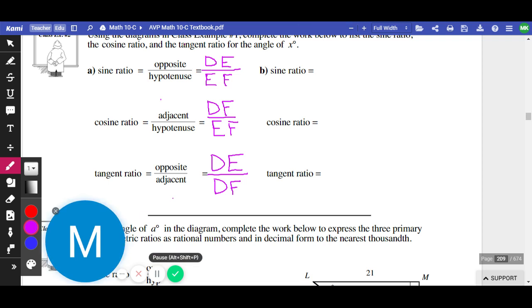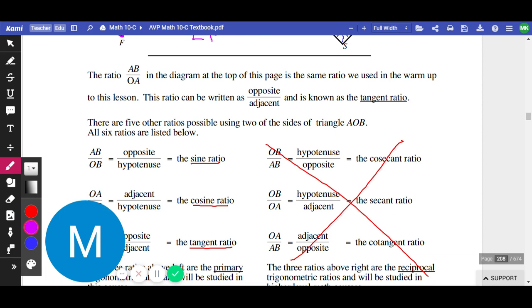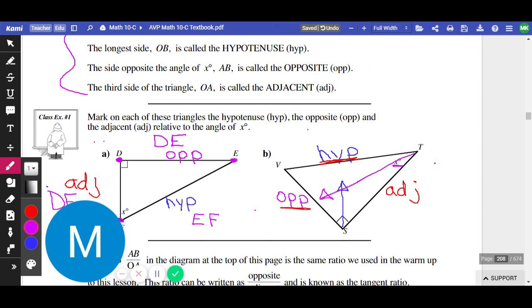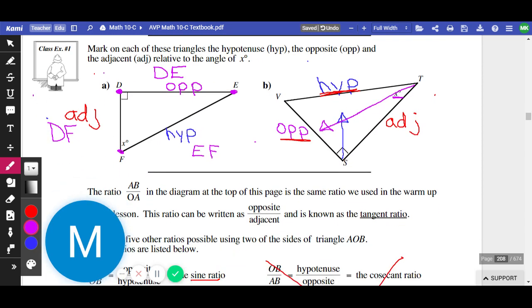If we're looking at these triangles and we're trying to do the ratios, we've got to first name the triangles. And name the sides of it, right? We've already labeled them as opposite, adjacent, hypotenuse. That's fantastic. And now we just need to have a way of referring to them from point to point. So for instance, the hypotenuse would have been V to T. You could do VT or you could do TV.